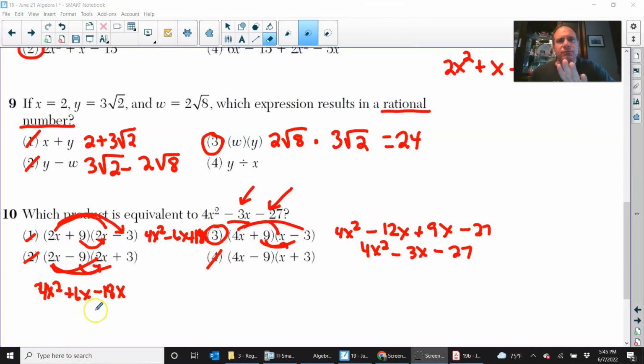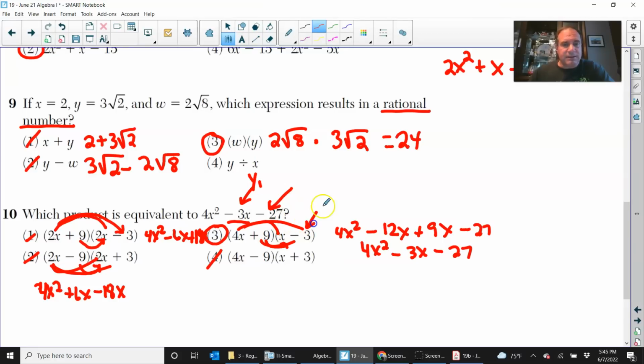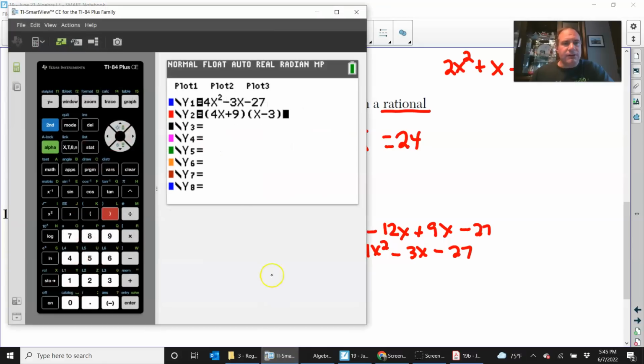So I just wanted to show you for a second the method that I was talking about before, just using the calculator, none of this stuff at all. Put this trinomial into y1, and then put this into y2. And so I have it in my calculator already.